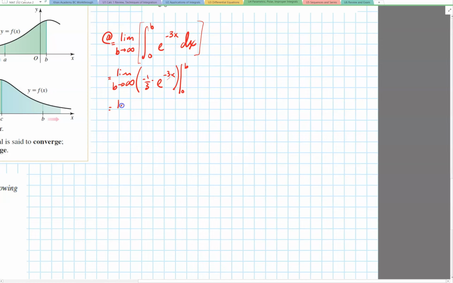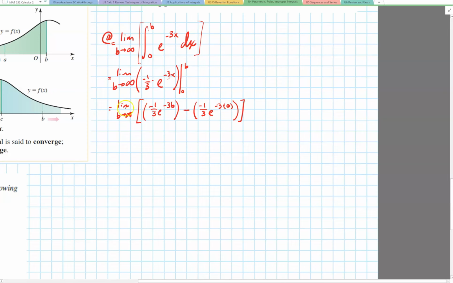Now, according to our fundamental theorem of calculus, we will evaluate this antiderivative at two locations, once at b, so negative 1/3 e to the negative 3b power, and once again evaluated at 0, subtracting the two: negative 1/3 e to the negative 3 times 0 power.